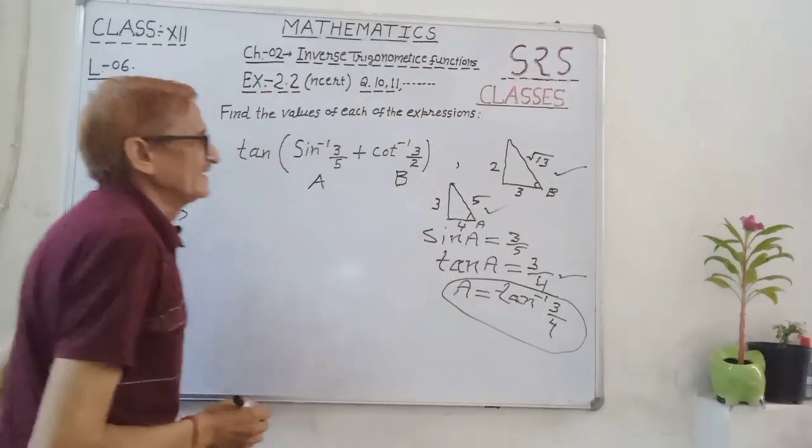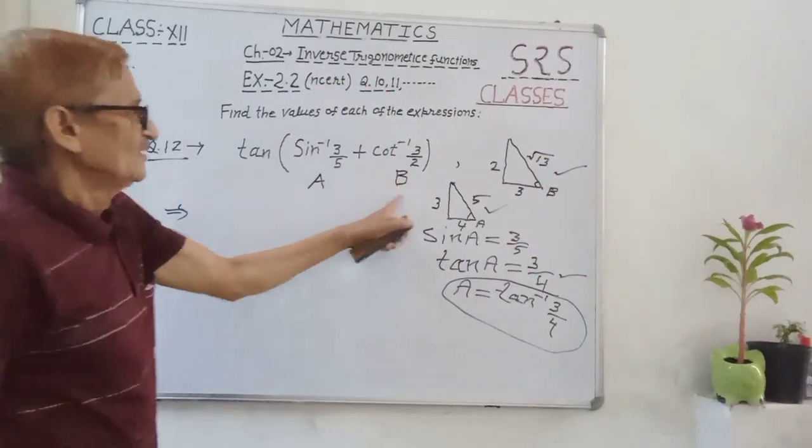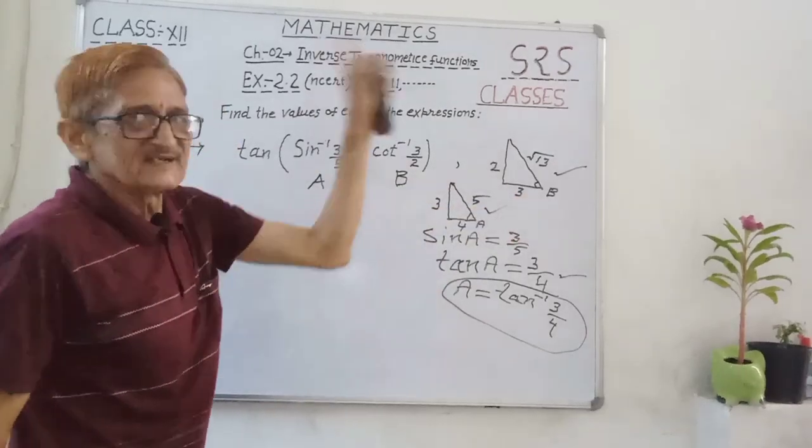Similarly, we can write the cot B value in the tan form.